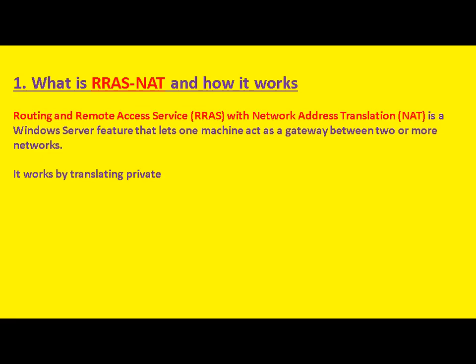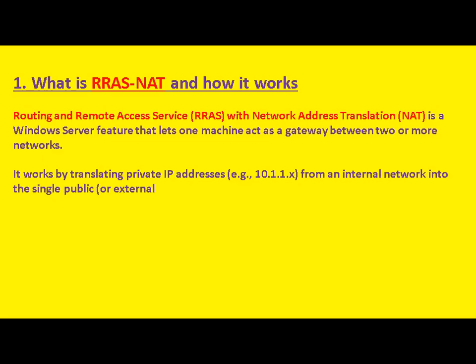It works by translating private IP addresses, for example 10.1.1.x, meaning whatever range, from an internal network into a single public or external IP address, for example 192.168.1.x, which will be our internet gateway on its outbound interface. It is actually translating internal traffic to external traffic using the NAT feature, as simple as that.